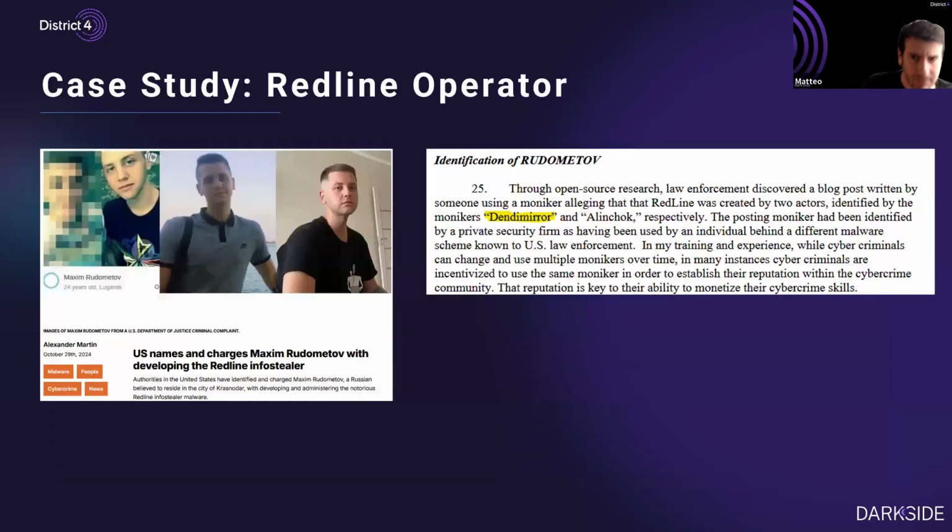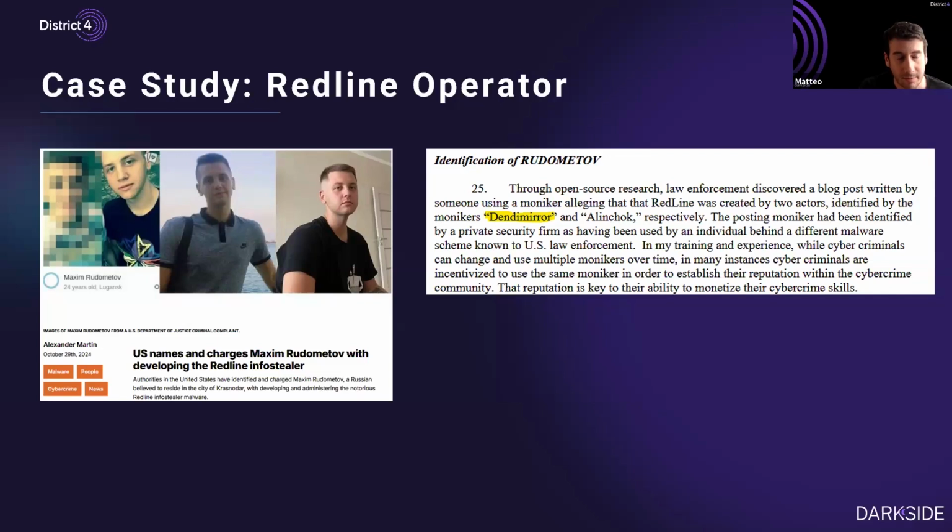Now let's walk into an interesting use case. Those of you who might have seen it: Maxim Rudometov was the operator, essentially the boss, of the largest malware log stealer variant in the world. We were talking about log stealers before. He ran Redline, which was probably the most common one, that and maybe Meta and Raccoon.